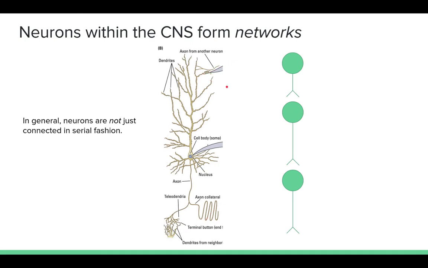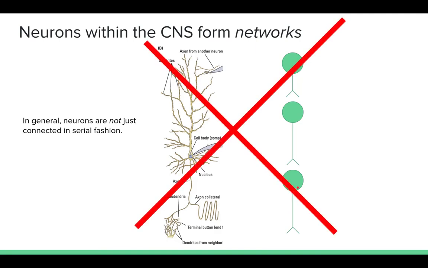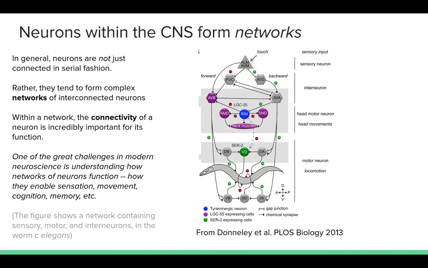It almost gives the impression that neurons within the central nervous system are connected in a serial, one-to-one fashion. But this is not true. In real brains, neurons are densely interconnected with one another, and they form very complex networks. This is just an illustration of that.